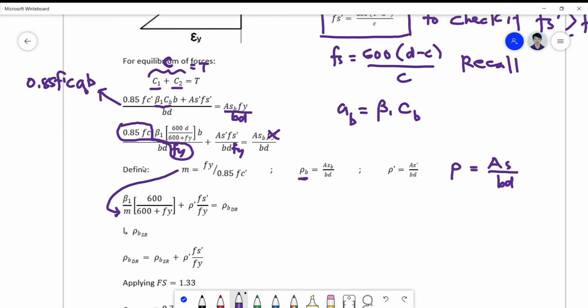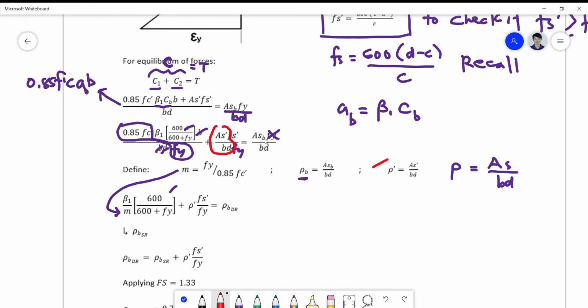Okay, and beta 1 remains, beta 1 over m. Your bd will cancel, b, d, d cancel. So what remains is 600 over 600 plus Fy, plus rho prime. So this becomes now your rho prime, this one, Fs prime divided by Fy.